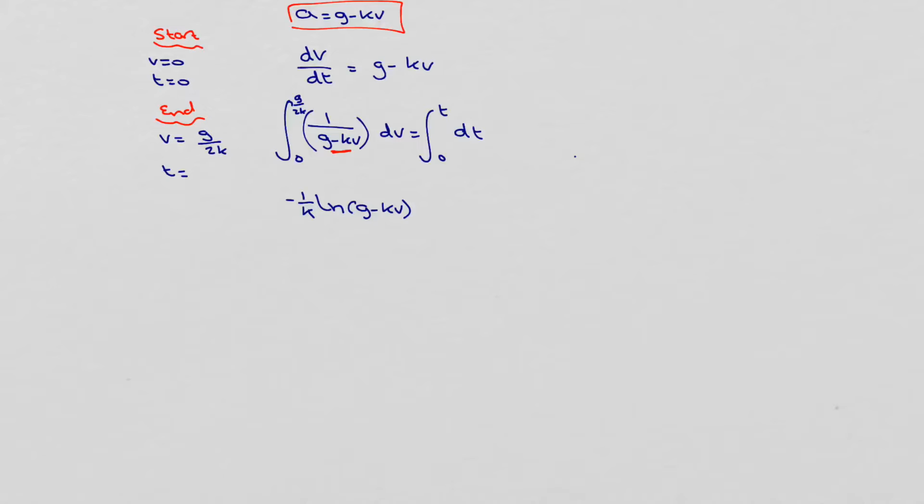So I'm going to multiply that by the natural log. And then my upper limit is g over 2k, and my lower limit is 0. If I integrate dt there with respect to t, I'm just going to get t. So in other words, I'm integrating 1 with respect to t. And now if I sub in my limits, it's upper limits minus lower limits.